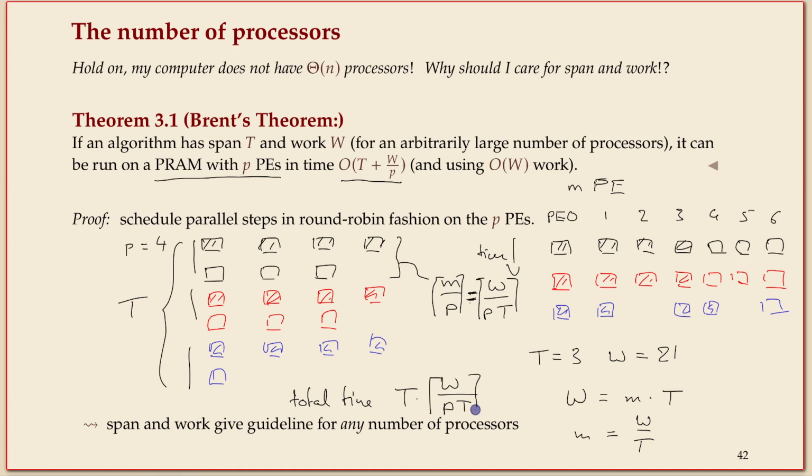So you can upper bound the rounding up by +1, right? So you can multiply this out, then you get W divided by P plus 1 times T. And that's exactly the bound that we get here.